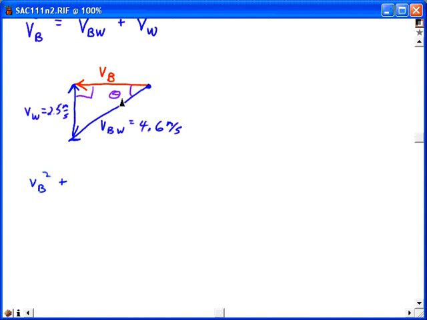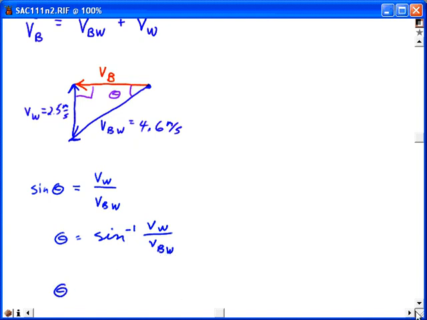I'm more interested in this angle at which the driver has to point. So let's back up a little bit here, and I think I'll go with the sine of the angle is equal to VW divided by VBW. So the angle itself is going to be the arc sine of that ratio of VW to VBW.